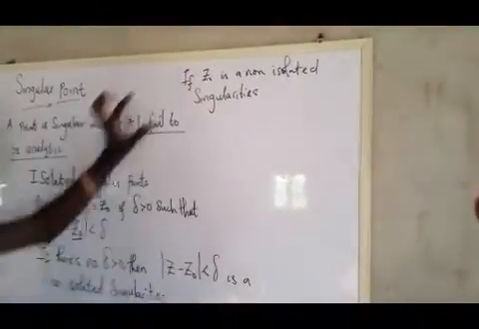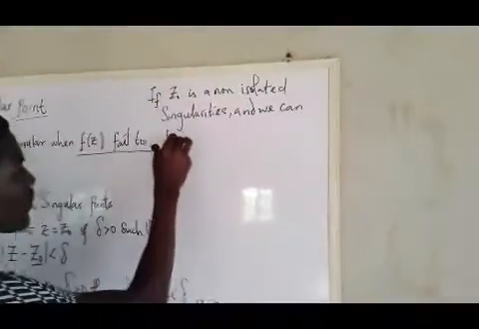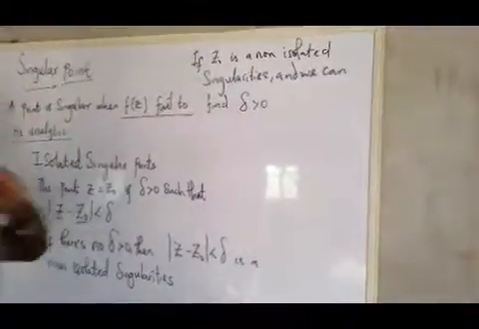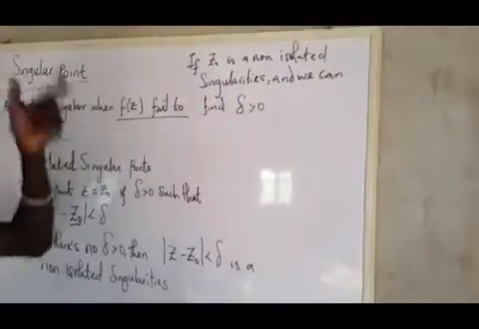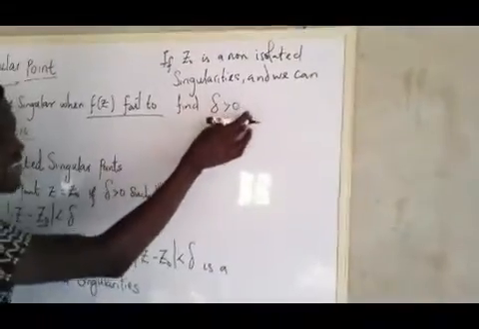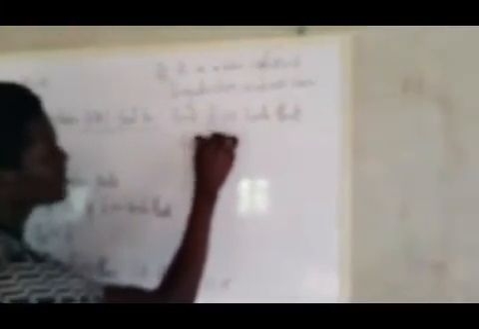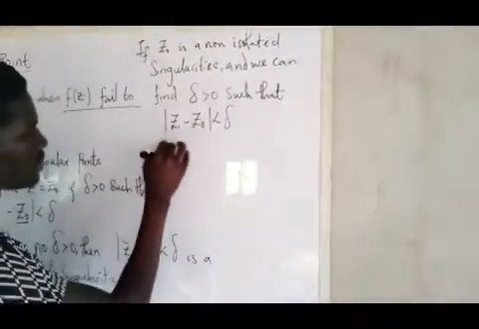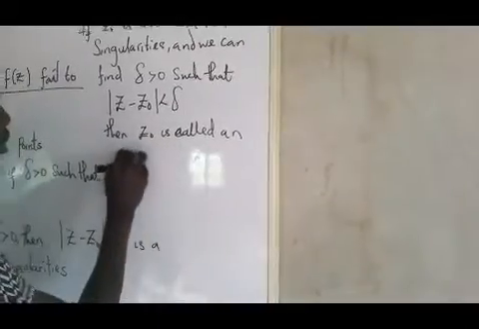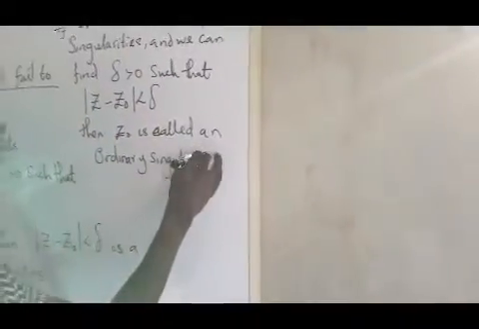But now, if z naught is a non-isolated singularity and we can find delta greater than 0 such that the absolute value of z minus z naught is less than delta, then the point z naught is called an ordinary singular point.